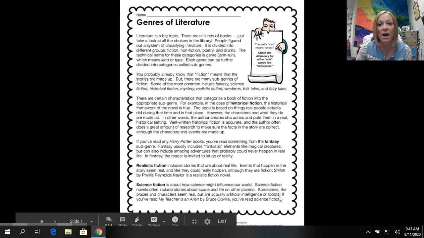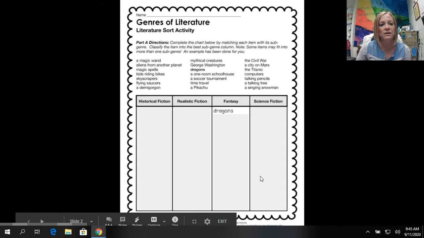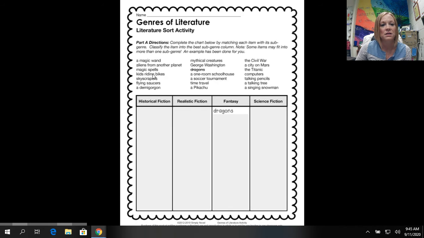Even robots could be considered science fiction. So all you're going to do is take each of these topics or things or even characters and place them in the correct section: historical fiction, realistic fiction, fantasy, or science fiction.